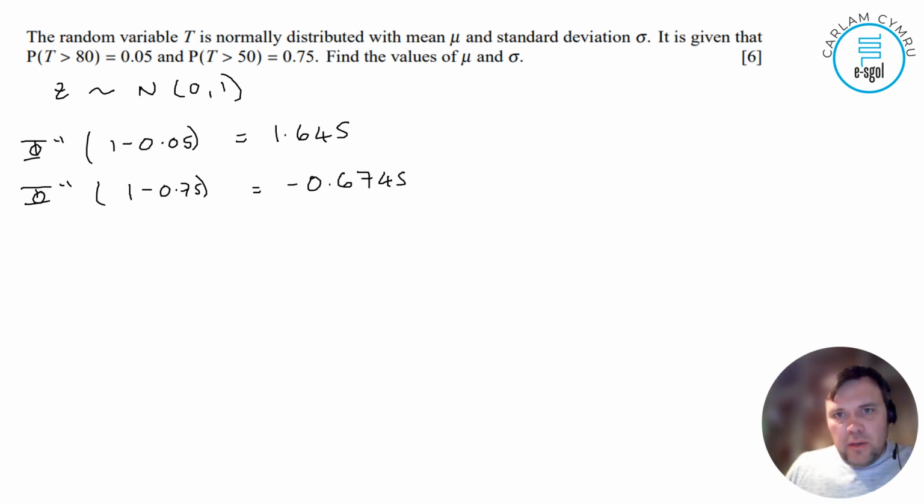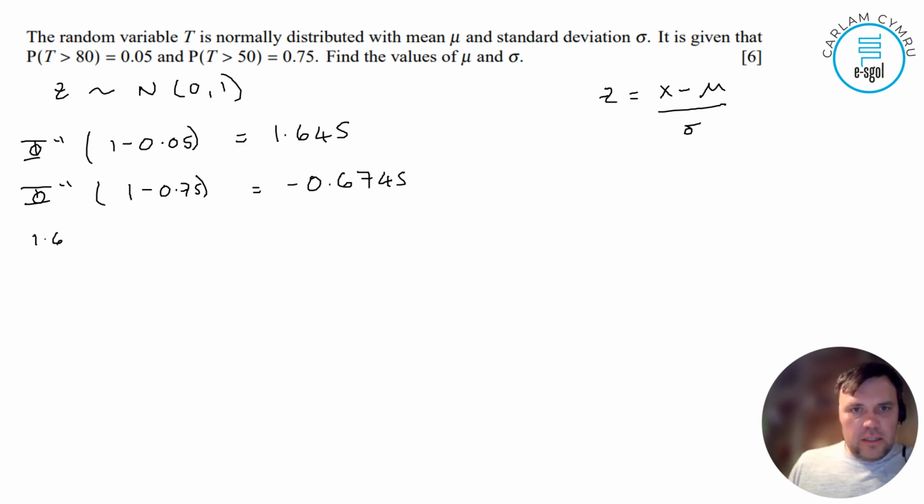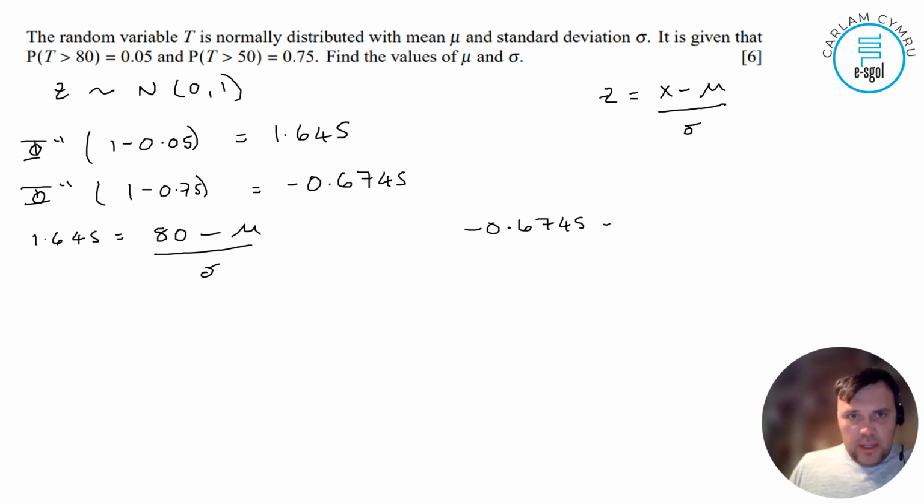You are going to be using that z is equal to x minus mu over delta. So with the first equation, we would have 1.645 equals 80 minus mu, we don't know what mu is, over delta. And then the second equation is minus 0.6745 equals 50 minus mu over delta.